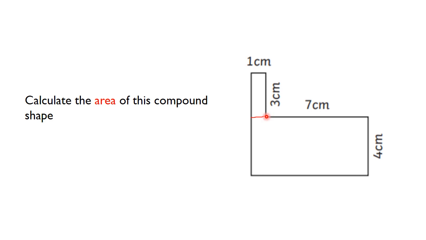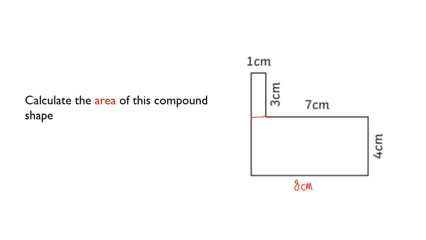And we know that from here to here is 7 centimetres, and from here to here is 1 centimetre. So we can therefore call this side, excuse my writing again, 8 centimetres.